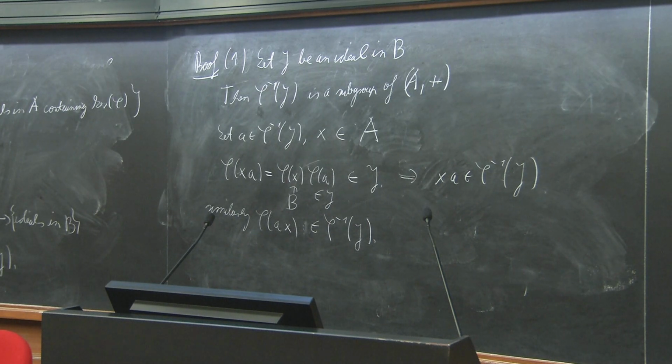So let me just state it. Mark that if I in a ring R is an ideal, then if this ideal contains a unit, it's the whole of R.